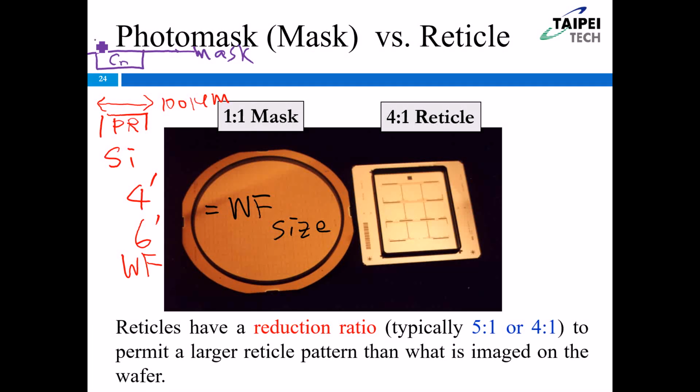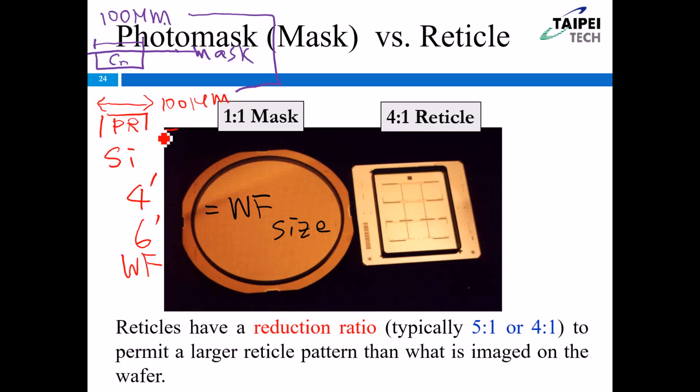Right now, the pattern of the mask is also 100 micrometer. Okay, can you see that? The mask pattern is the same size as the PR, right? The dimension is the same, right?